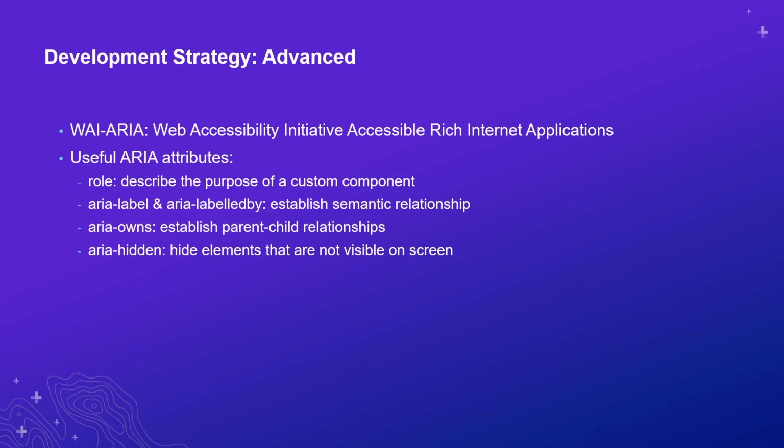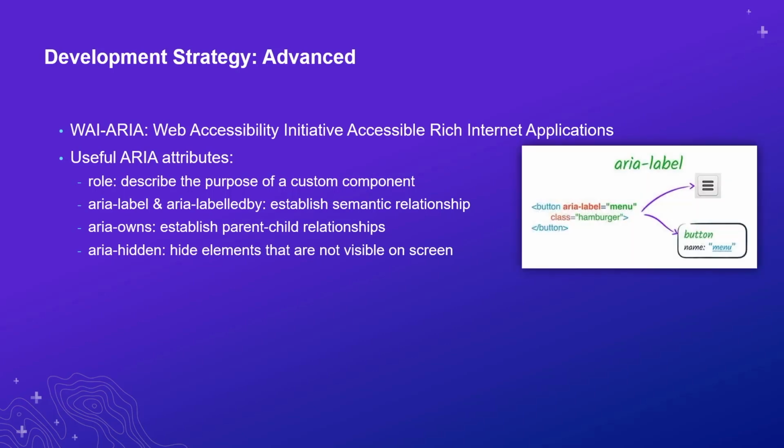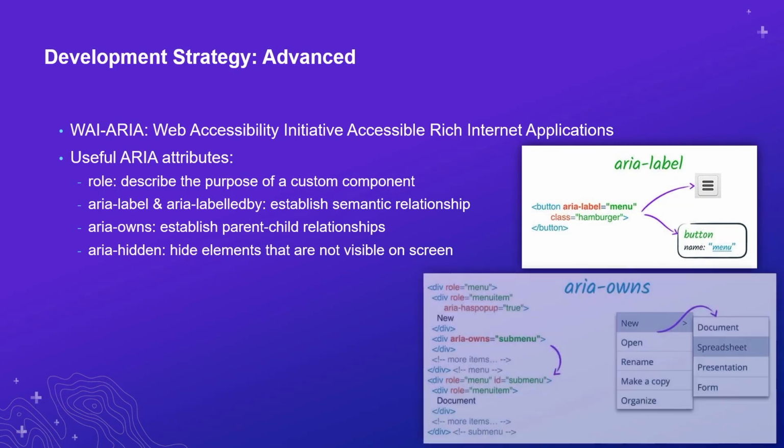So you write custom components, like you create a card, then you want to give it a role of card, so a screen reader knows, oh, even though you're using a div, this actually is a card. I already hinted at the importance of labels. Then there's also ARIA owns that creates hierarchies of elements and describes, for example, parent-child relationships. And I already mentioned ARIA hidden.